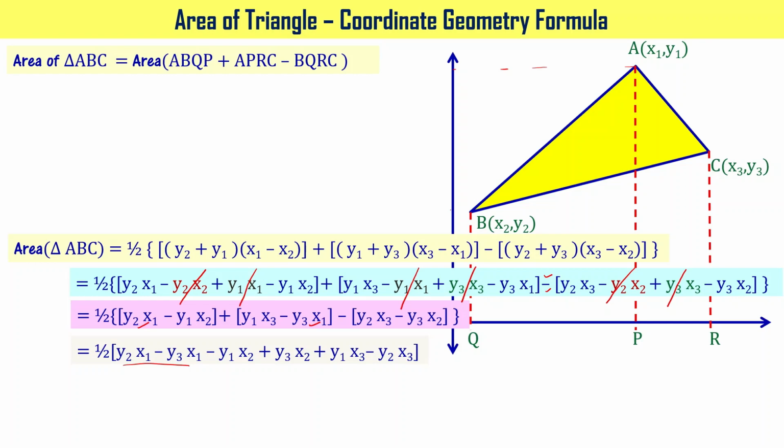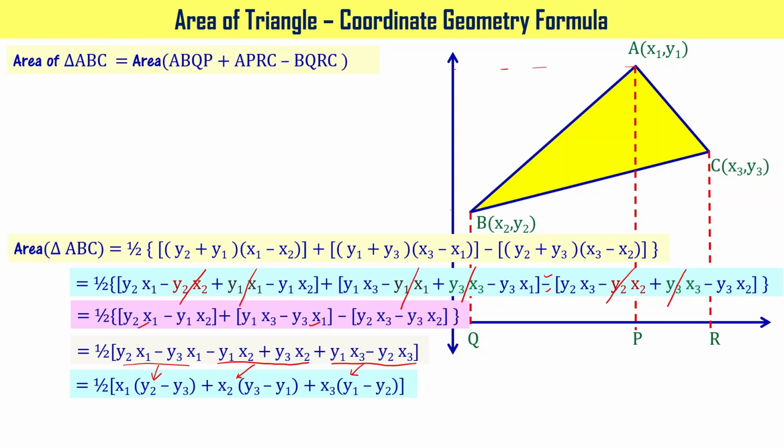Let me take the common things out, so that the first term will become x1 times (y2 minus y3), the second term is going to be x2 times (y3 minus y1), and this particular term is going to be x3 times (y1 minus y2), right?